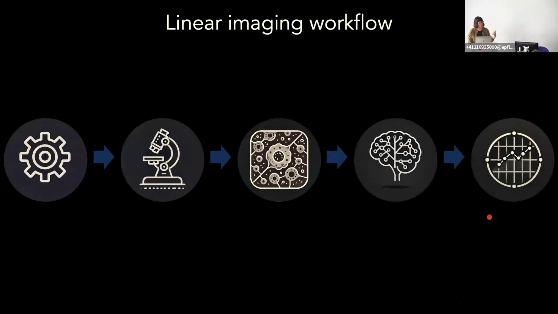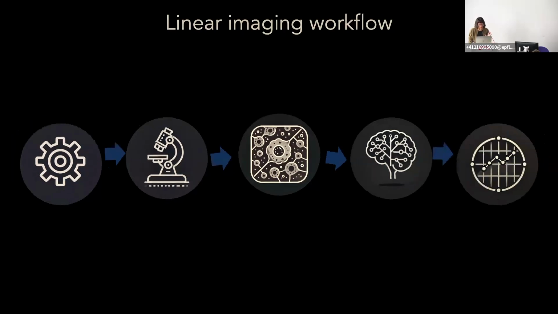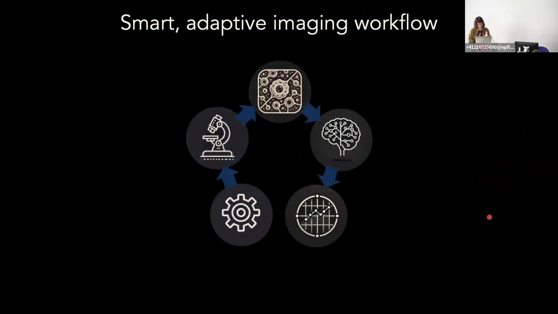Then you output some kinds of analysis and you try to make sense of the data this way. What we and others in this smart microscopy field are doing is to close this loop and turn this into an adaptive imaging workflow that incorporates the neural network into driving the microscope rather than simply using it at the end to analyze the data.